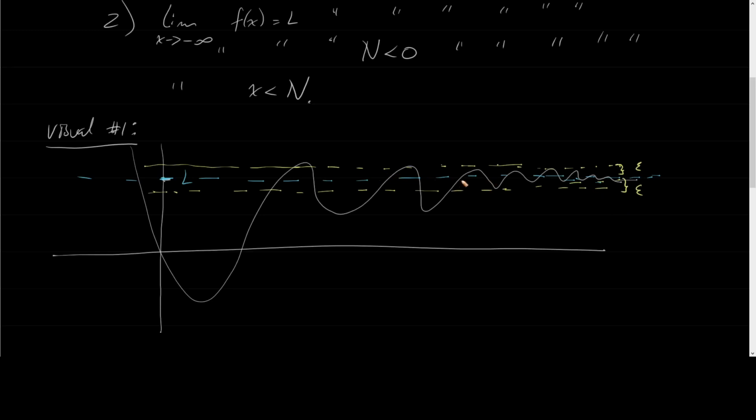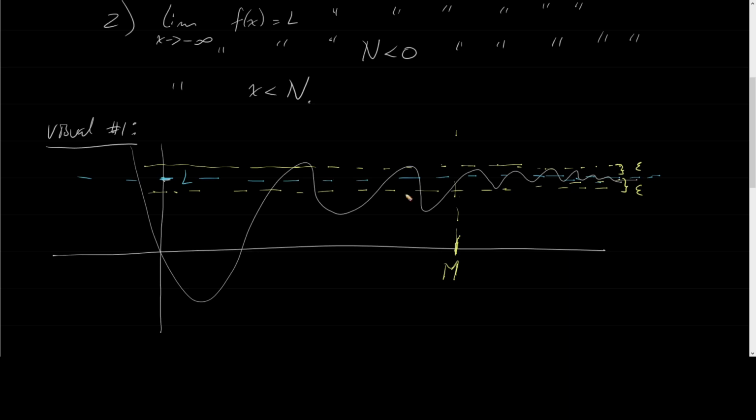After some specific point around here, if here's M, all the x's after this point are such that the function values are within epsilon distance of our limit, of our L. And that's what that's saying.